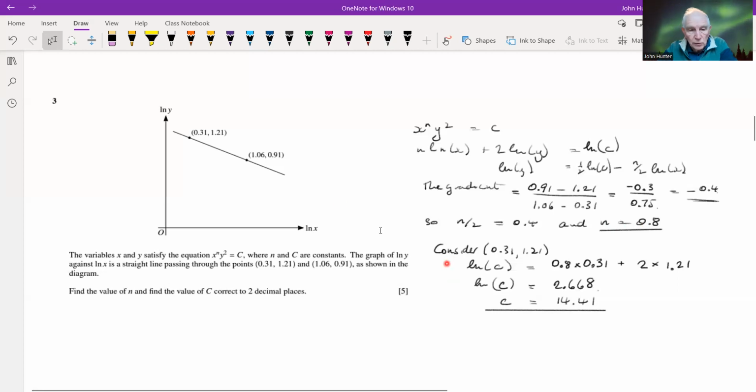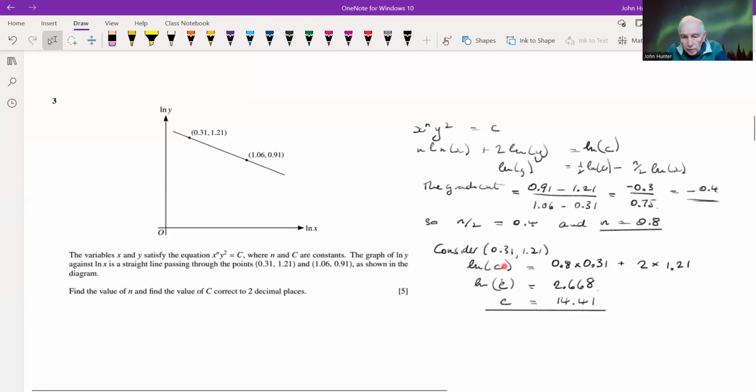So C. If we think about this point here, we could use either point, but when we use this one, then going back to our equation up here, the natural log of C is equal to 0.8 times the natural log of x value, plus 2 times the natural log of y.